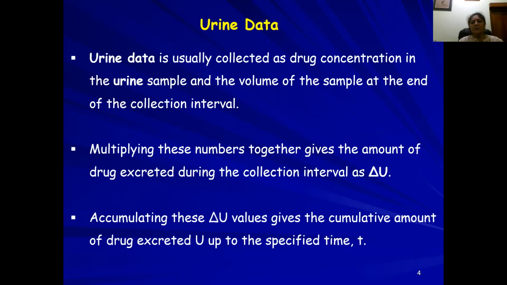Multiplying these numbers, that is, multiplying the drug concentration and the volume of sample, gives the amount of drug excreted during the collection interval as delta U. Accumulating these delta U values gives the cumulative amount of drug excreted U up to the specified time t.